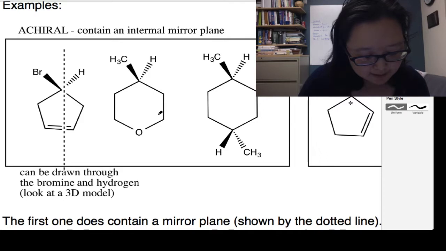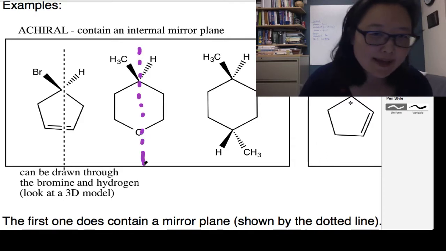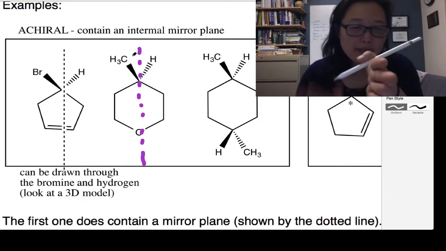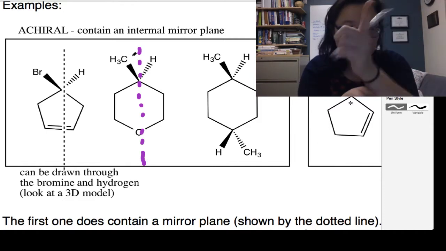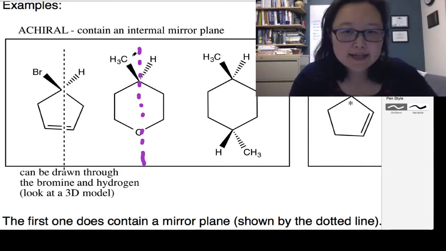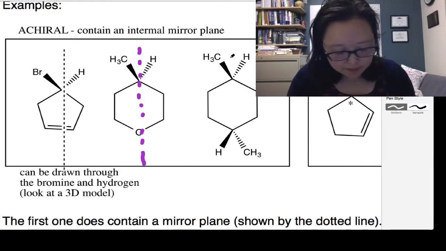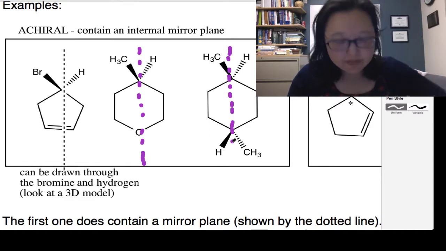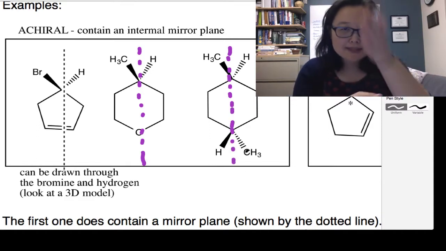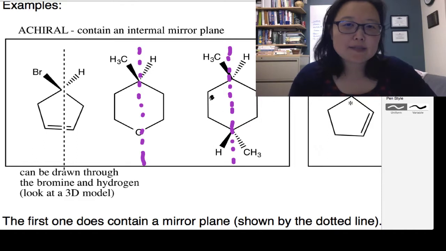I would draw an internal plane going like that with the understanding that this line is slicing through the methyl and the hydrogen, which are pointing forward and back in the same plane. Okay? And here as well, the methyl group in the front, you're slicing through the methyl group in the back. They're being sliced through, so there is going to be symmetry.